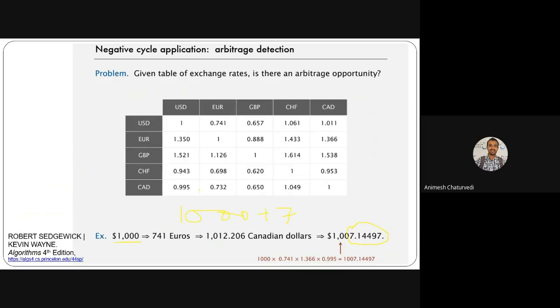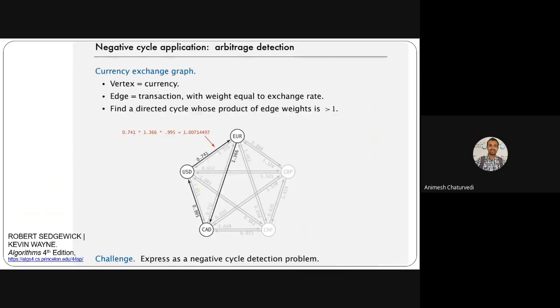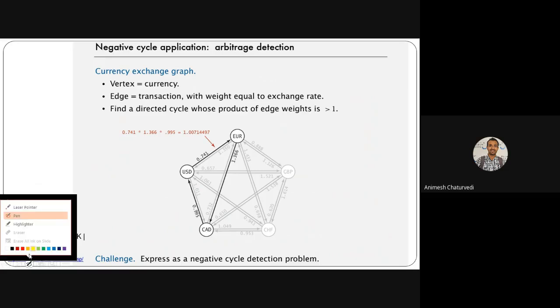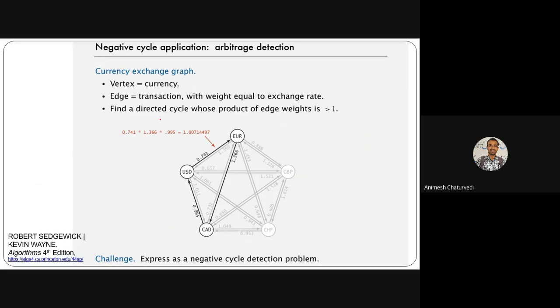Otherwise the rate would again change, because there are many other people who keep on doing conversion transactions. Then you actually have the negative cycle in this. How do you actually calculate the negative cycle and apply it? For example, you want to do the currency exchange, and you have various weights on the currency exchange like this.